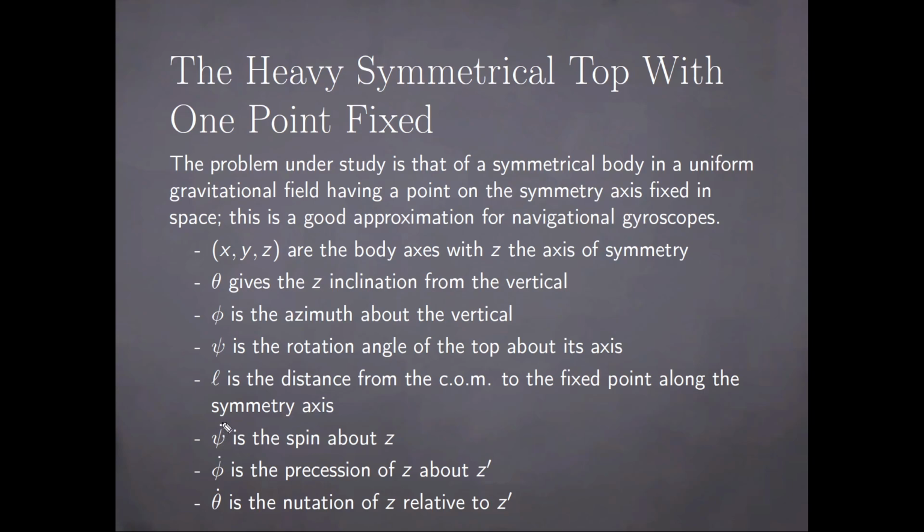Psi dot, the derivative with respect to time, is the spin about the symmetry axis. Then the derivative of phi is the precession of the figure axis about the laboratory vertical, and the derivative of theta is the nutation frequency of z, the figure axis relative to the laboratory vertical.